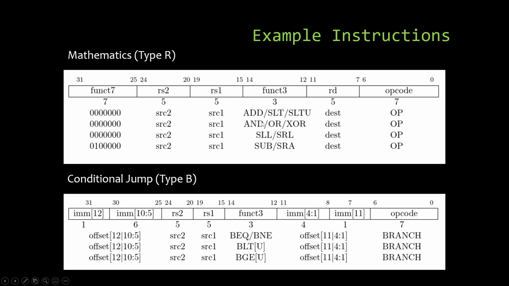You have AND, OR, and XOR, which are Boolean logic operations on 2 values. And then you've got less than and less than unsigned, and that is important because when you're doing binary values, the sign bit is the most significant digit, and it's not actually a part of the value. So you have to be able to determine if it is a signed or an unsigned value.